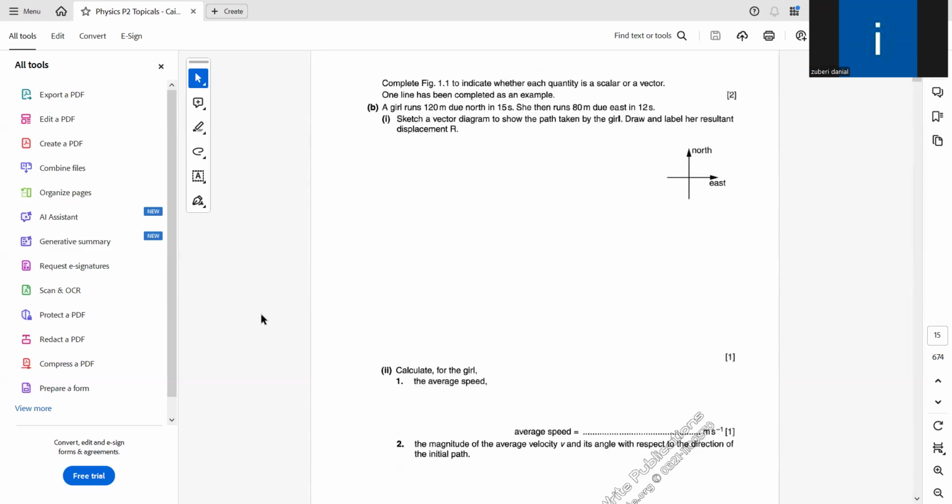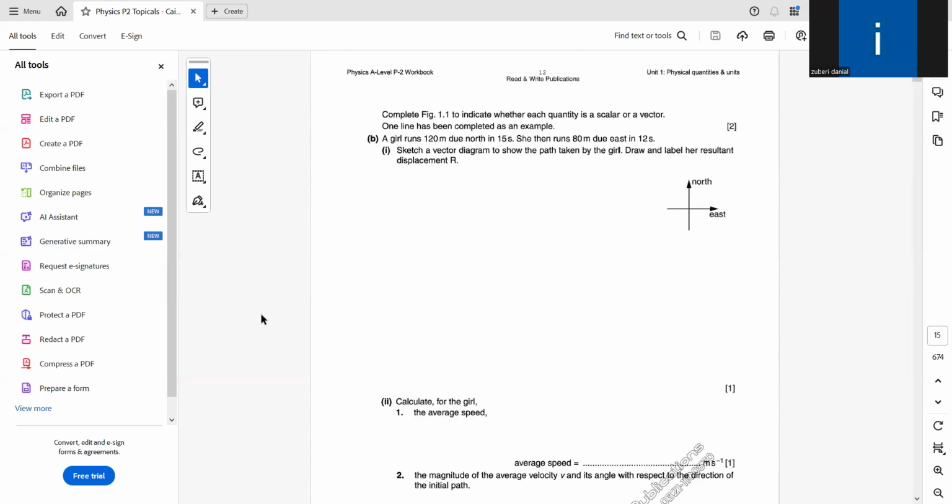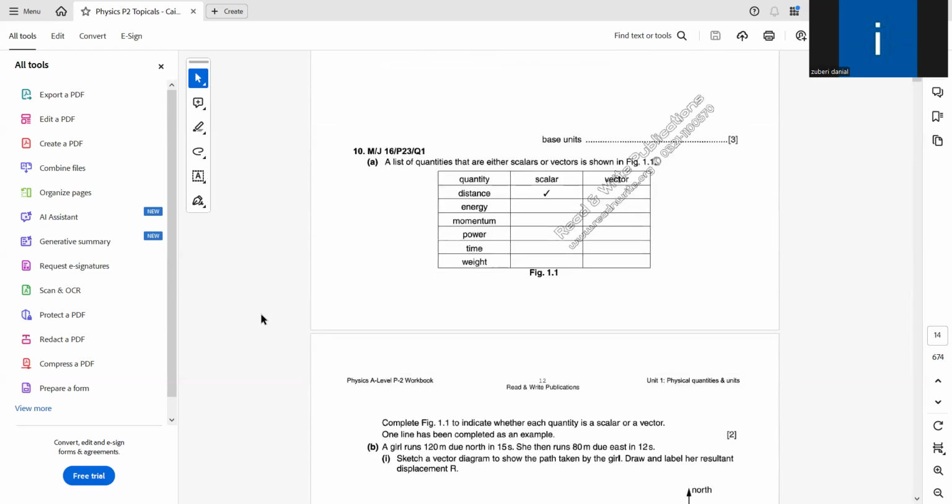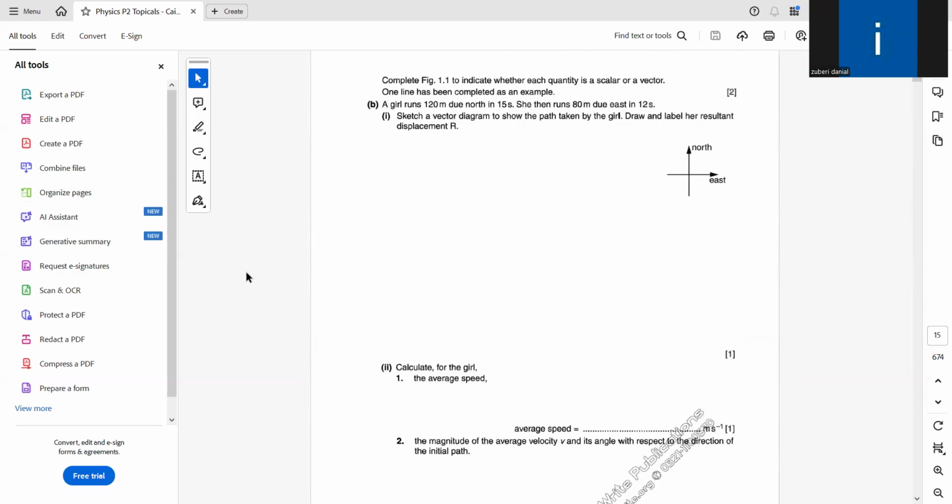Let's try this. This is the syllabus reference here. That's 2016. Okay, one second. Done, sir. And then that's the question in part B. So let's see how you sketch this up. What you have to do is draw it on a piece of paper, or maybe on my screen.